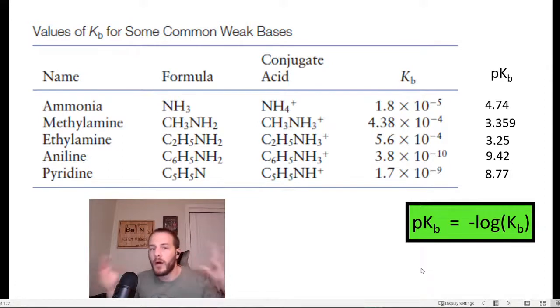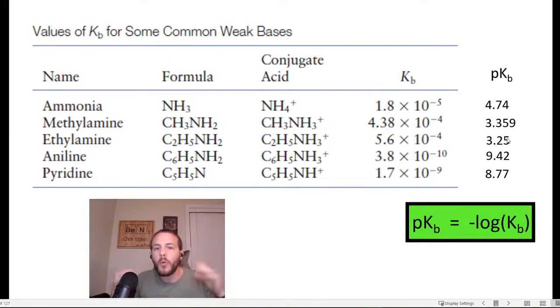And of course, using a logarithmic scale is basically a compact way to specify our numbers because values of Kb can have a very, very wide range. Whenever you have a wide range of data, it's helpful to use a logarithmic scale. It keeps the numbers more manageable. So instead of comparing all these values up here where we have to invoke scientific notation, we can just compare these pKb values. It's a lot easier on the eyes, right?